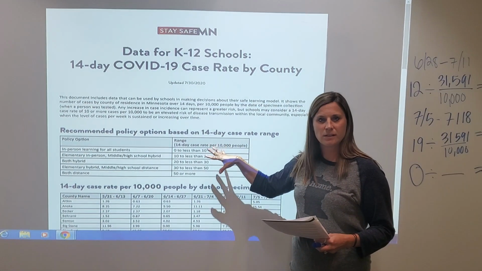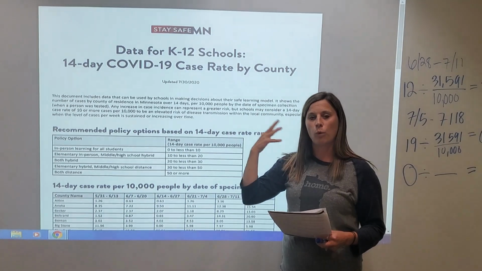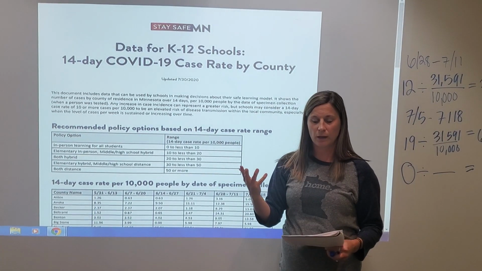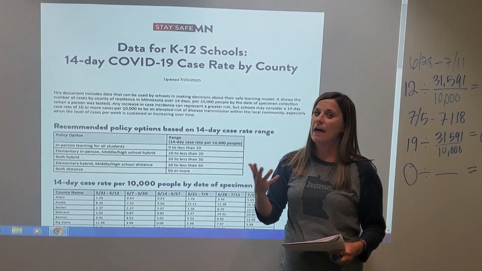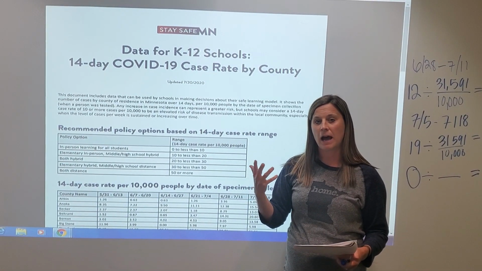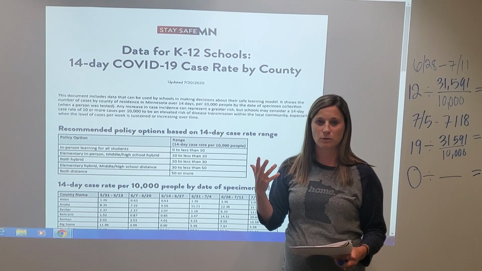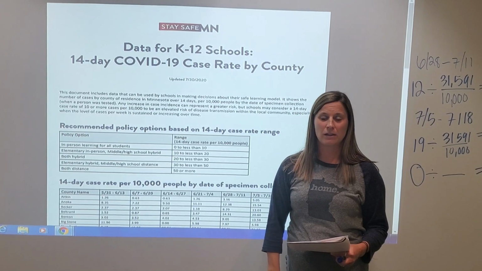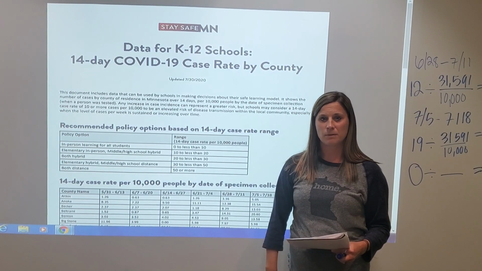Knowing all of this, this is a starting place. Then we add, what are the local conditions? What do we know about here and now? What do we know is happening in Polk County? And then we pair that with the school's readiness and preparedness to have the capacity to serve its students and staff in the best way possible. And that is ultimately how we make the decision about our next steps for the fall.